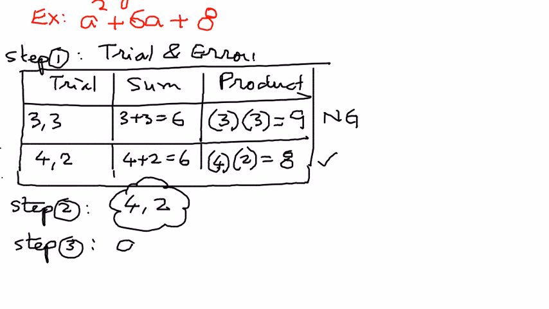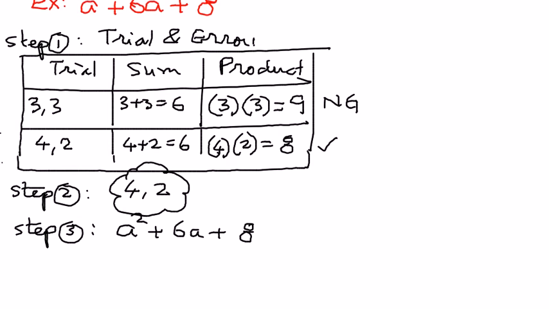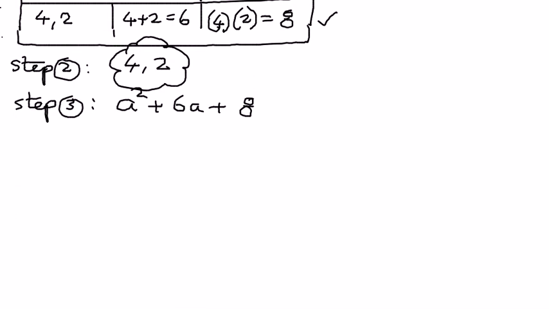The given expression for us is a squared plus 6a plus 8, and the two numbers which we found are 4 and 2. So therefore, a squared plus 6a I can write as a squared plus 4a plus 2a. 4a plus 2a is 6a. And then I have 8 next to that.